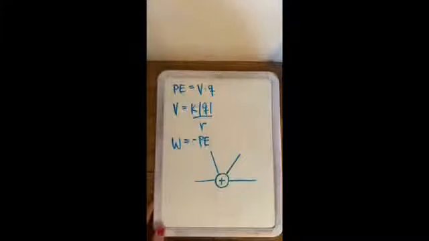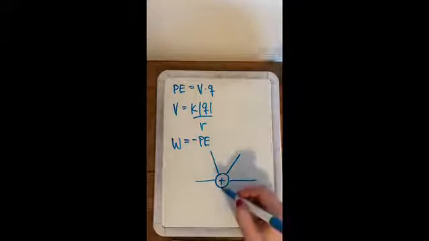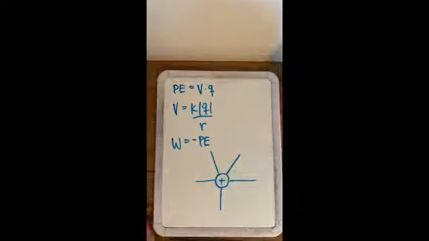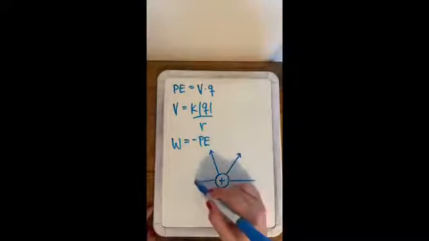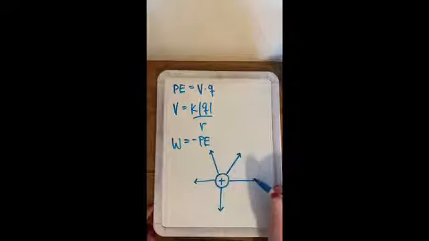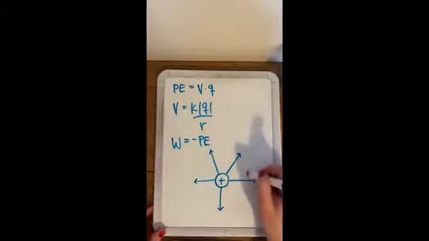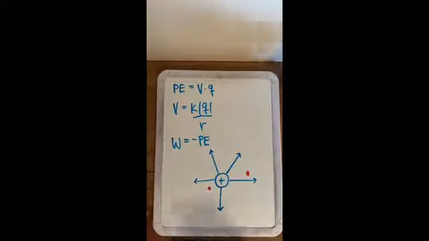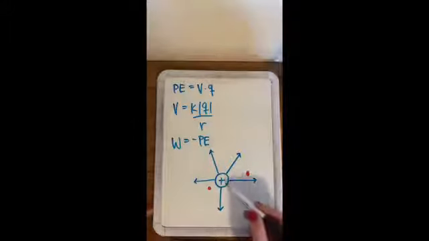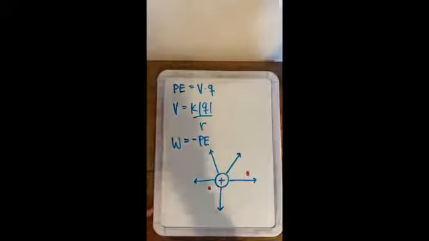Let's break it down with a point charge. Let's call it a positive point charge with electric field lines directing outward, going from positive to negative. These electric field lines put a force on particles depending on how far away they are from the point charge.